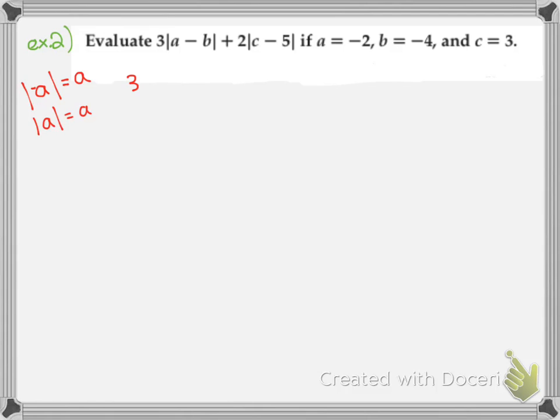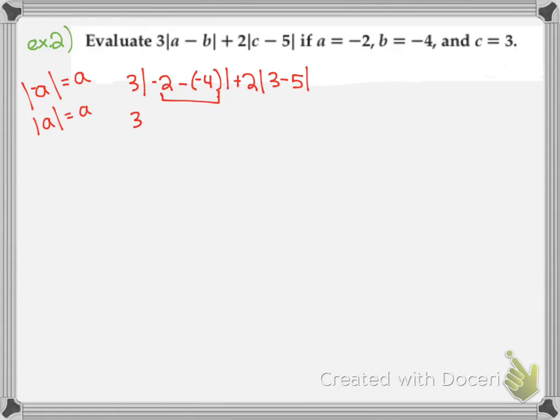We have 3 times the absolute value of -2 minus B, which is a -4, plus 2 times C, which is 3, minus 5. Okay, now we don't take that absolute value until we reduce what is inside of it. Once we reduce what's inside, then we can take the absolute values.